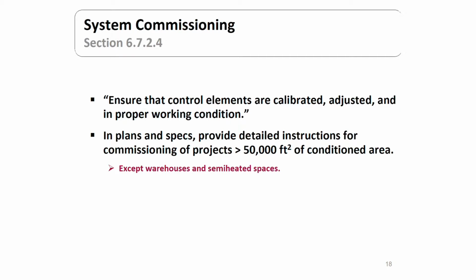And in the plans and specs, the designer has to provide detailed instructions for the commissioning of the projects that are, and this is the limitation here, greater than 50,000 square feet of conditioned area. So anything less than that would not require this sort of system commissioning. The exemption to all of this would be the warehouses and semi-heated spaces.